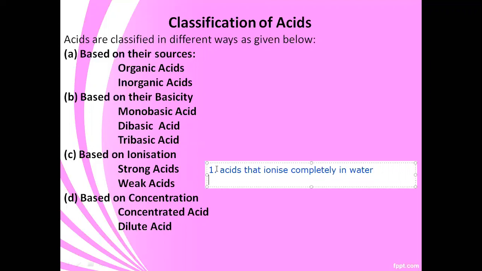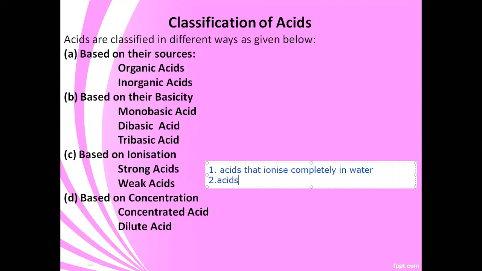Weak acid. What is a weak acid? An acid ionizing partially in water. The acid that ionizes partially is what we call a weak acid, okay?